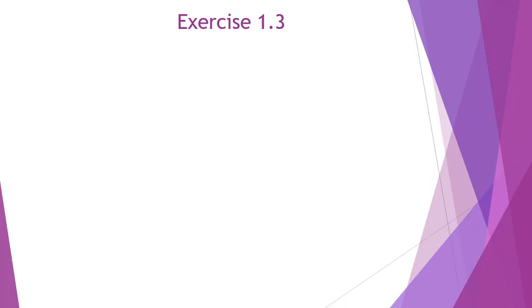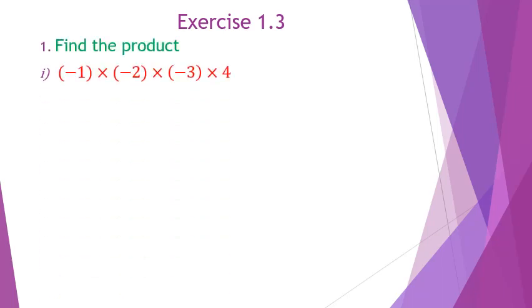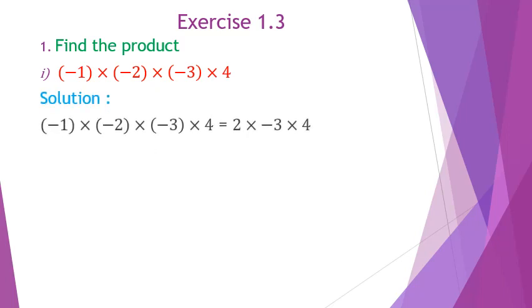Next we move to exercise 1.3. Our first question, find the product. Minus 1 multiplied by minus 2 multiplied by minus 3 multiplied by 4. We can multiply two integers together. So we get minus 1 into minus 2 gives 2, multiplied by minus 3 into 4.